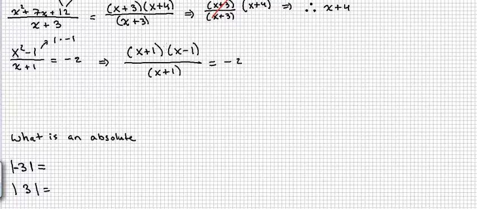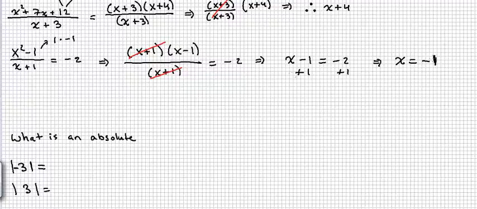Now, we know that these will cancel, so we just get this one. x minus 1 is equal to negative 2. So what we're going to do here is add 1 to both sides. So plus 1 here, plus 1 there. We get x is equal to negative 1.